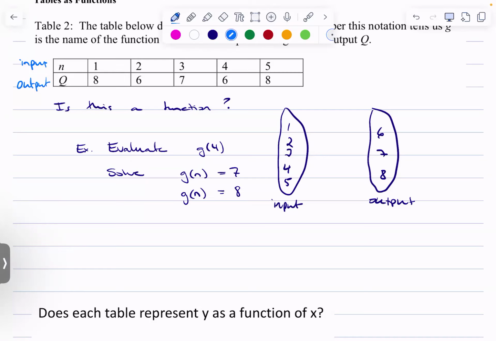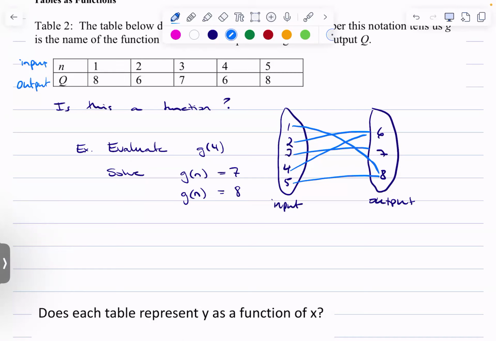So now 1 goes to 8, 2 goes to 6, 3 goes to 7, 4 goes to 6, and 5 goes to 8. I'm going to go with, it is a function, but it's not a one-to-one function.